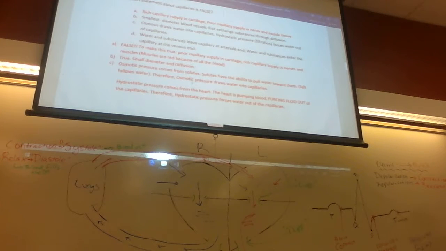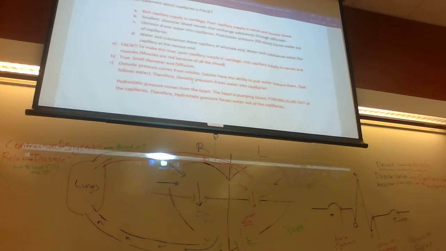So, which statement about capillaries is false? The false statement is rich capillary supply in cartilage, poor capillary supply in nerve and muscle tissue. To make it true: poor capillary supply in cartilage, rich supply in the nerves and muscles. Think about how muscles are red because of all your blood.